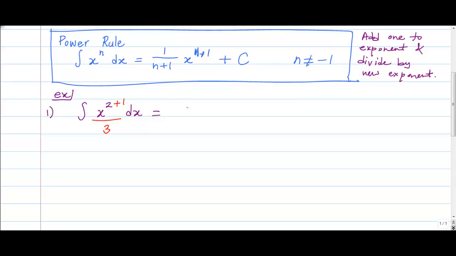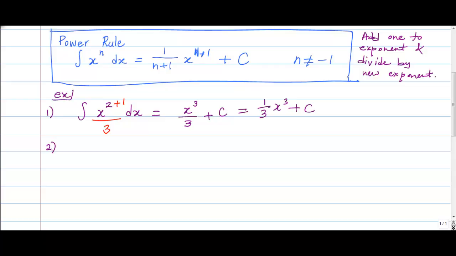That gives me x to the third over 3 and then plus c, which you can also write as 1/3 x to the third plus c. So either of these is fine.